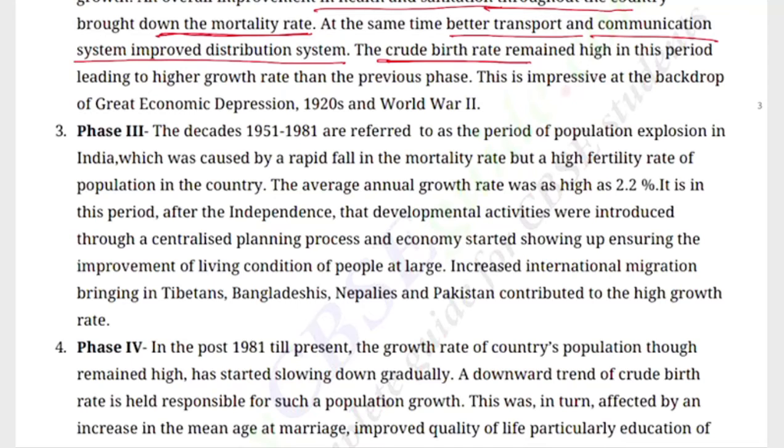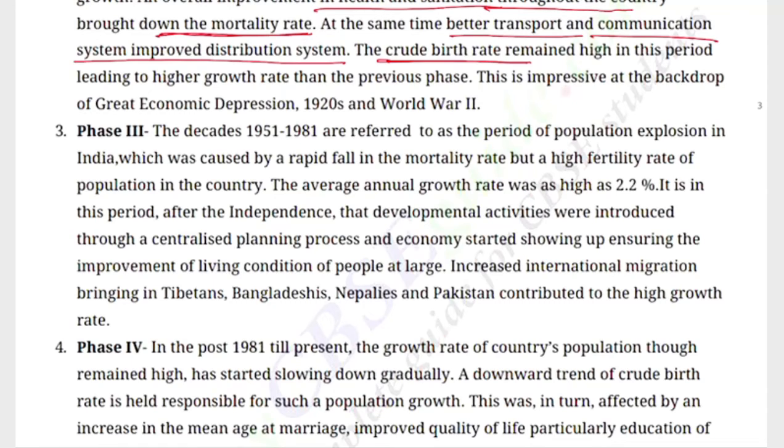That's why the mortality rate came down. मतलब mortality rate means death rate, लोगों के मरने के जो नंबर था वो कम हो गया. And because in India there was a high fertility rate of population, इस वजह से मतलब जो mortality rate कम हो गई, फर्टिलिटी रेट और द बर्थ रेट बढ़ गई, इस वजह से पॉपुलेशन में बहुत ज्यादा इंक्रीज हुआ.